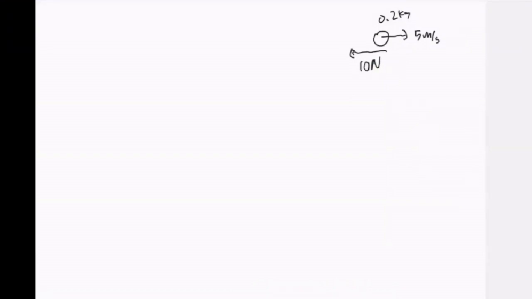Well, let's see. So remember how we did number one? We first started out with the kinetic energy. The initial kinetic energy is 1/2 mv squared. And I think we calculated this to be equal to 2.5 joules. All right, that's very nice. Now, the next step is to calculate the work.